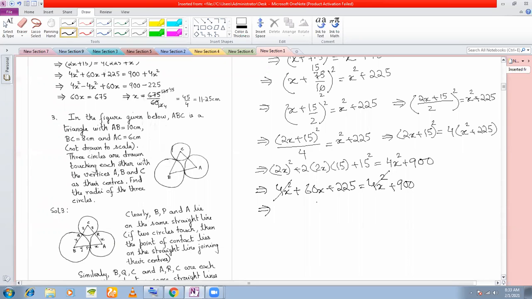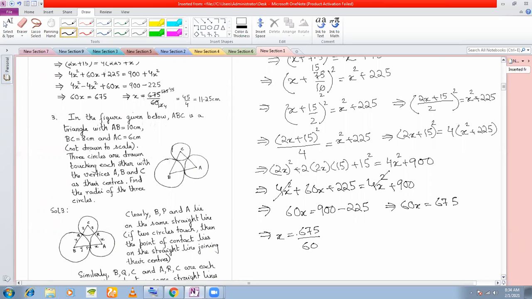The 4x square on both sides will cancel. So we get 60x is equal to 900 minus 225. So we get 60x is equal to 675. That means you get x is equal to 675 divided by 60.